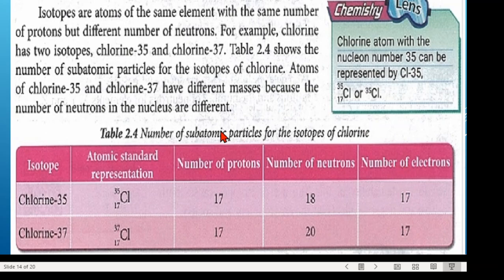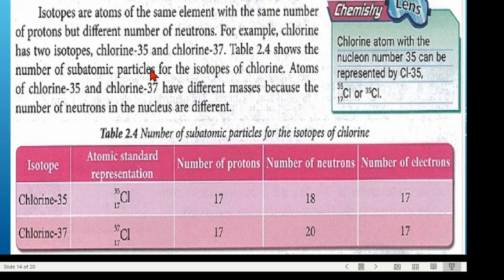Because number of electron is the same with the number of proton in a neutral atom. Okay. So kita panggil, kalau yang mempunyai nuclear number 35, kita panggil chlorine 35 lah. Kalau yang ada nuclear number 37, chlorine 37.